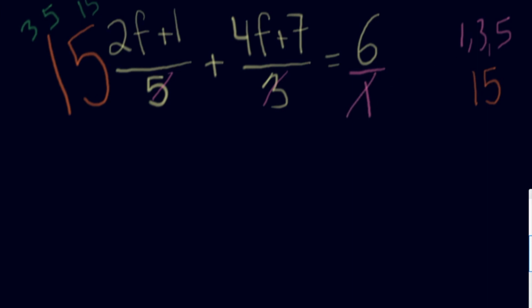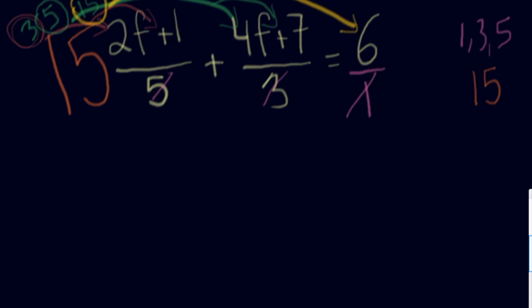And now what ends up happening is you end up getting these numbers multiplying against this stuff. The 5 is going to multiply by this stuff. And that big number 15 is going to multiply by the 6.